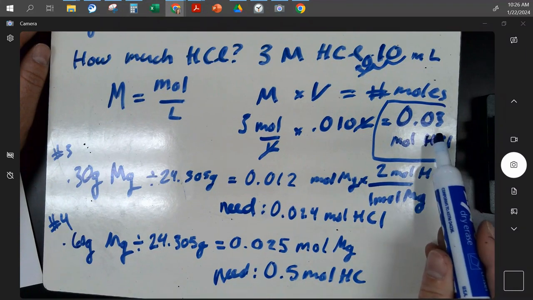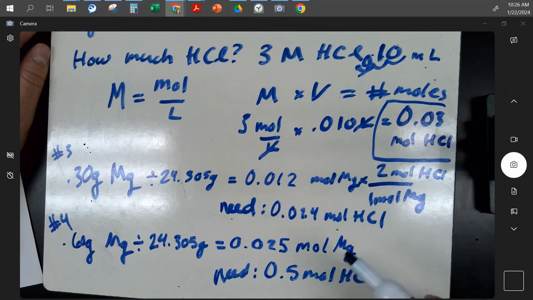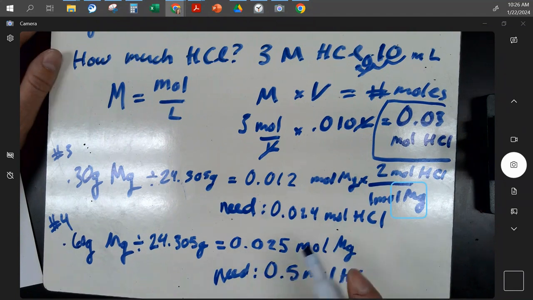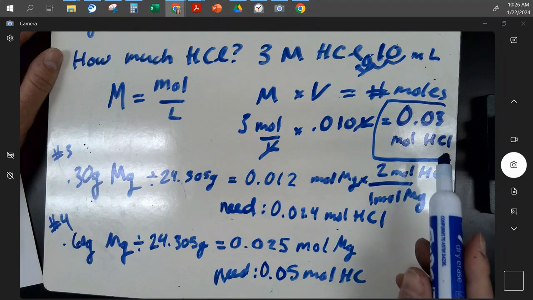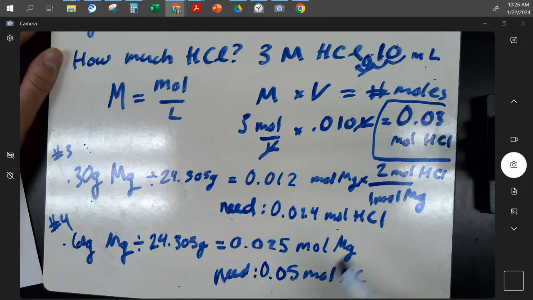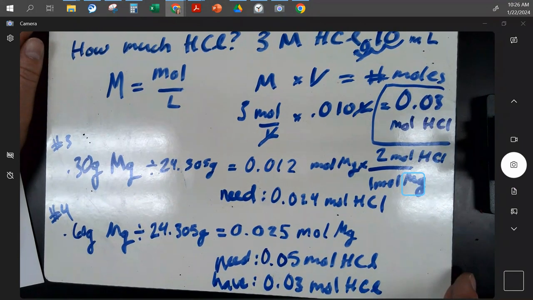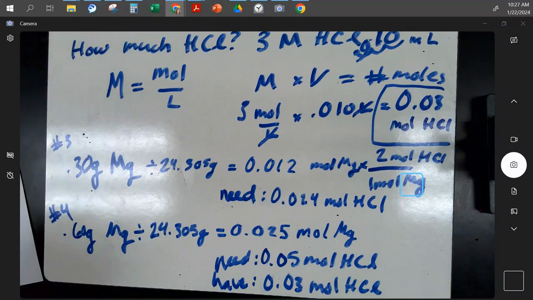We only had 0.03 moles of hydrochloric acid. So that tells us about the limiting reactant.